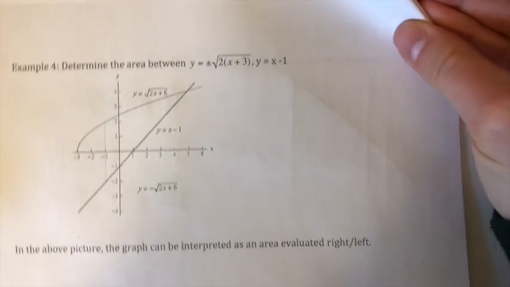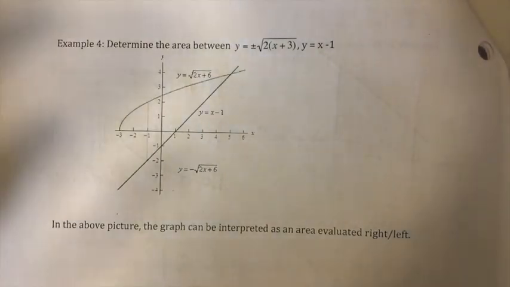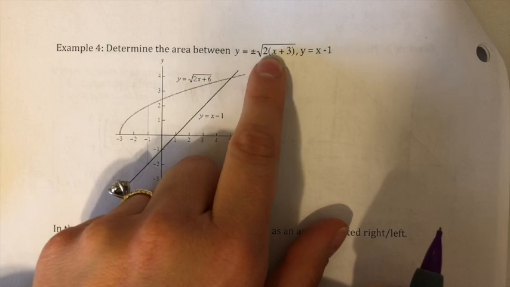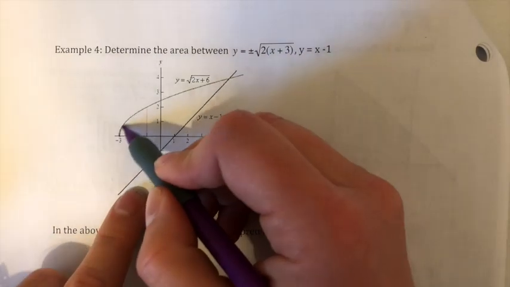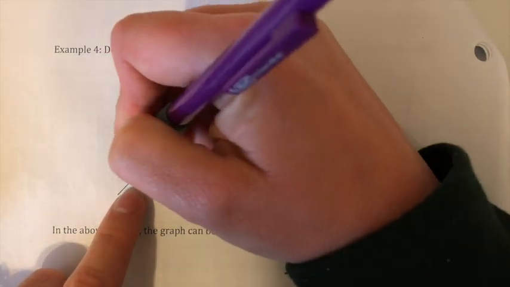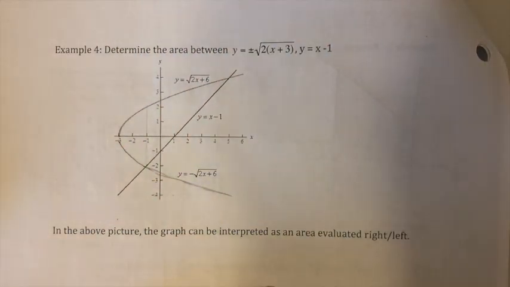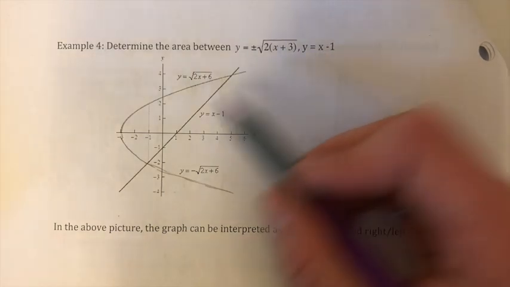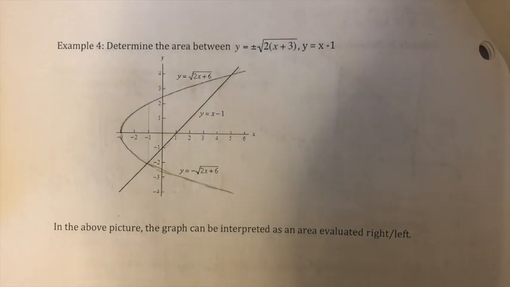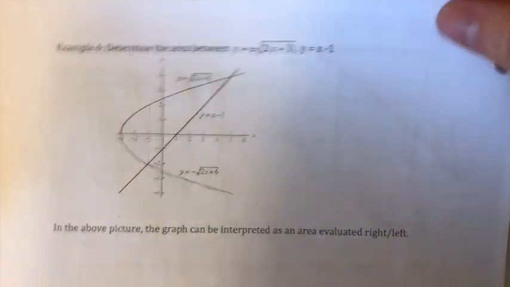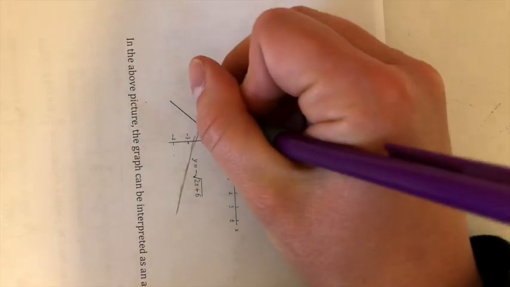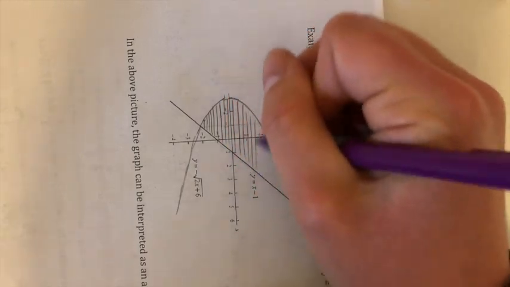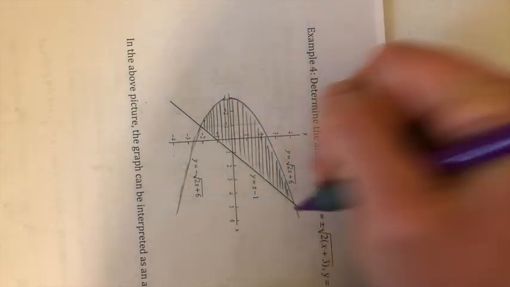Okay. Our last example is we want to determine the area between y equals plus or minus root 2x plus 3. So the plus is here, and then the minus is this part here, which is super, super faint, but there it is. And then y equals x minus 1, so here. Okay, so this is one of those ones that if we turn it, we can draw nice little rectangles that touch the top line and the bottom line.